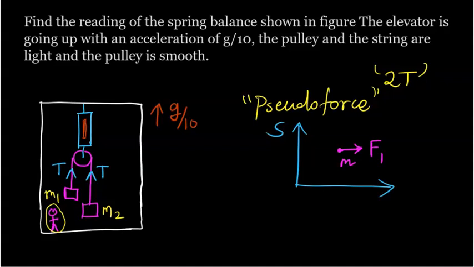Now suppose the frame of reference is also accelerating towards the right with the acceleration a0. Then for Newton's laws to hold good for the observer who is sitting inside this non-inertial frame of reference, we have to add an additional force. That additional force will be in the direction opposite to the acceleration of the non-inertial frame of reference.